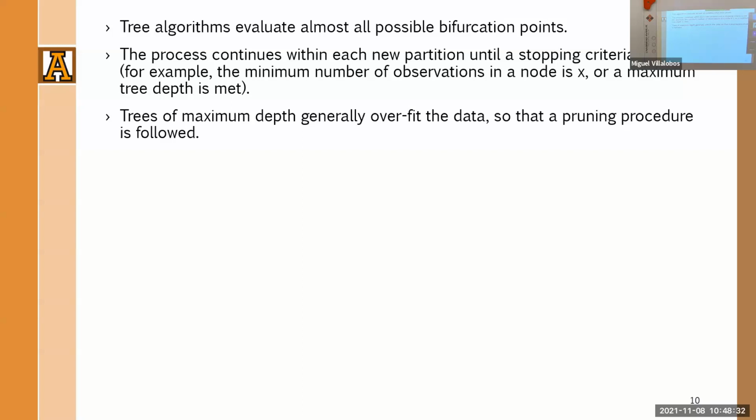The criteria could be based on a cost complexity parameter, that would be a hyperparameter that we will have to select by cross validation, by resampling method, or could be a criteria like I want a minimum of X number of observations and start pruning back until I get a minimum of 5 observations in each terminal node.